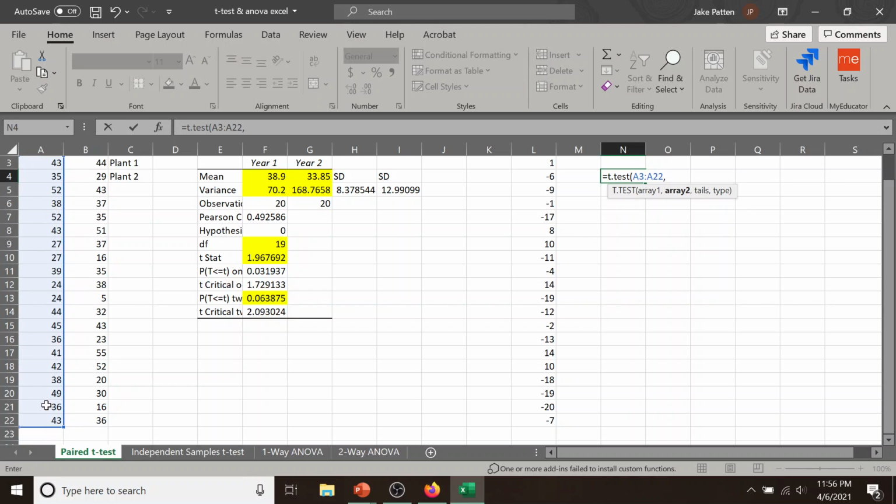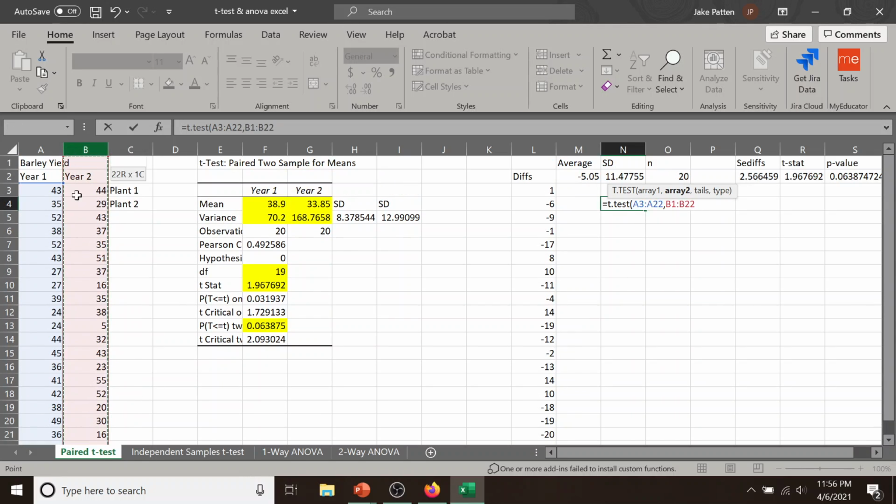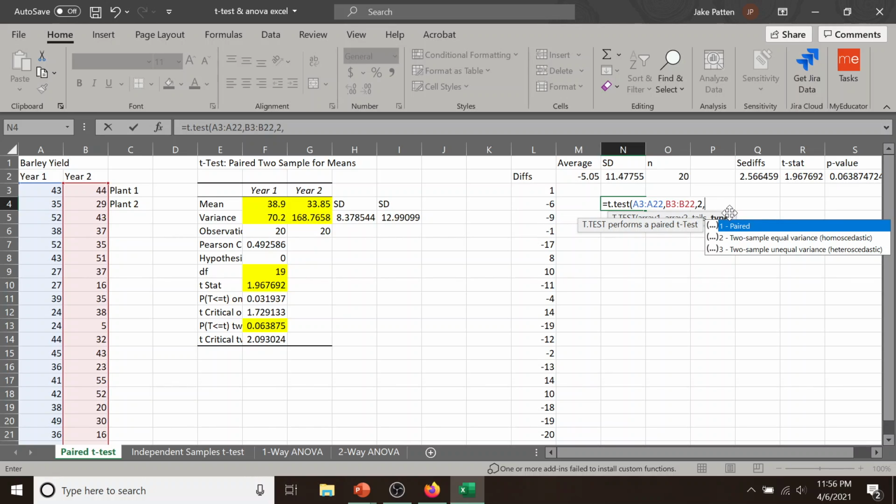Just grab the data. Put in a comma, grab your next set of data over here, put in another comma. We're going to do a two-tailed test this time, but you could easily do a 1 by typing in 1. And then here we've got 3 different types. We've got a paired, a 2-sample equal variance, and a 2-sample unequal variance. So we're going to hit 1 for the paired t-test.